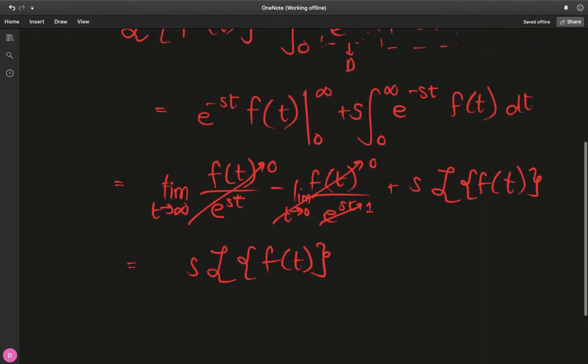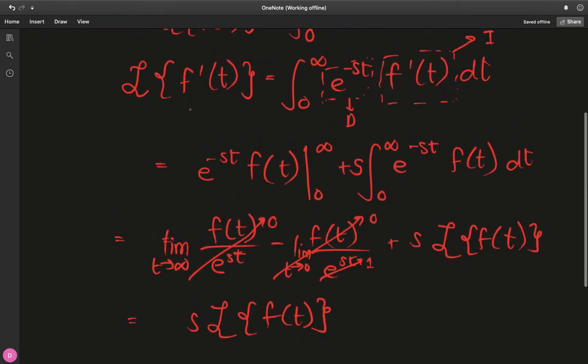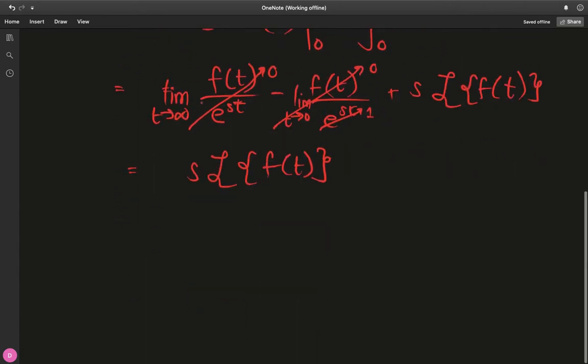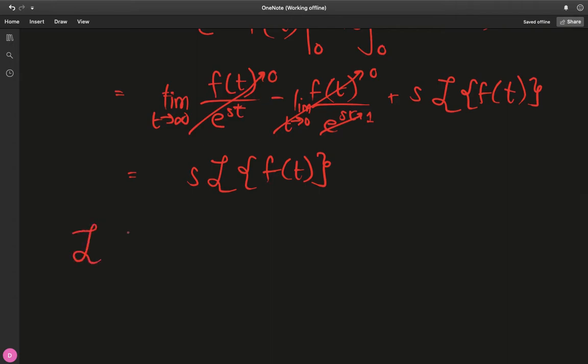And that's not all. We have to extend this assumption further, because this was just the Laplace transform of f prime of t. Say we have the Laplace transform of f double prime of t. By definition, it is the integral from 0 to infinity of e raised to minus st times f double prime of t dt.